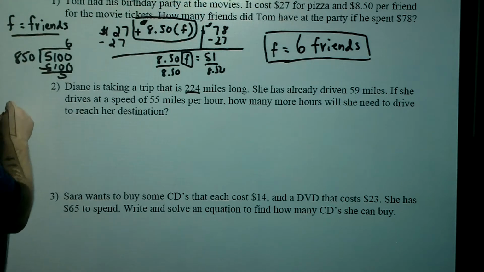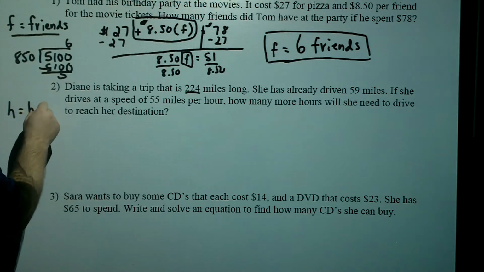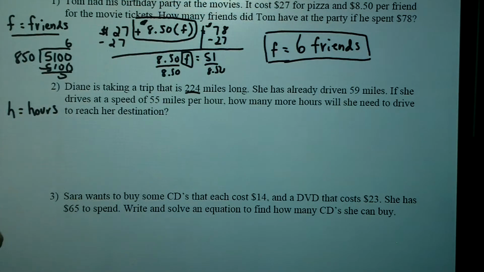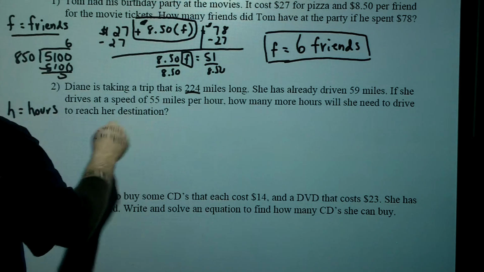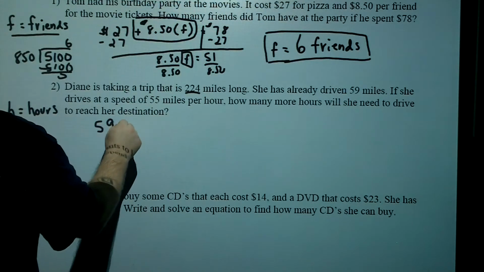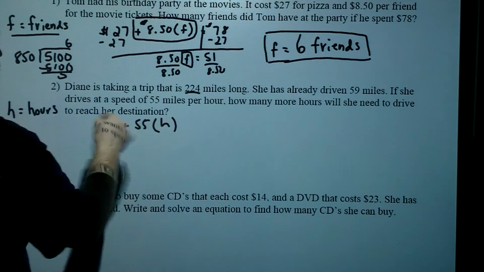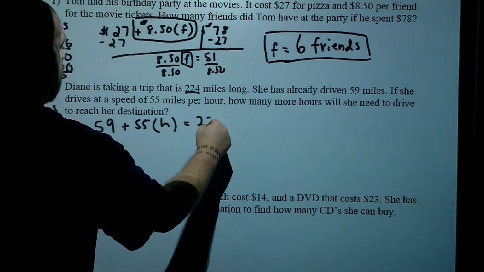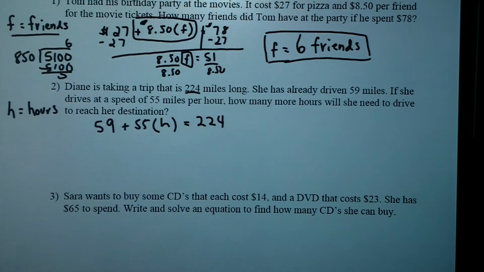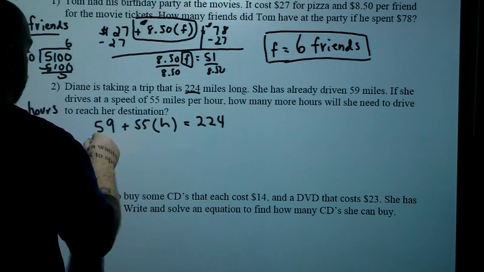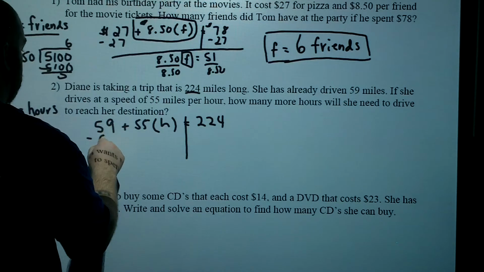So we're going to say H is hours. That's how many more hours she needs. So 59 miles is where she's at. She's going 55 miles per hour times H, however many hours it takes. And the total is going to be 224 miles. So to solve this, we're going to subtract 59 first.